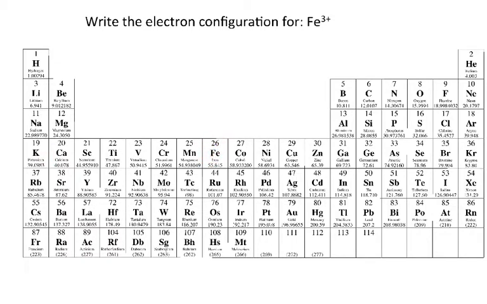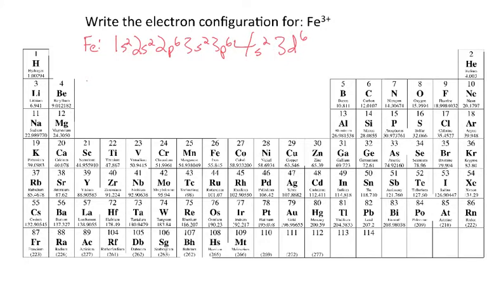To make that a little bit more clear, I'm going to write the electron configuration for neutral iron first. All right, so iron is going to be 1s2, 2s2, 2p6, 3s2, 3p6, 4s2, 3d6.